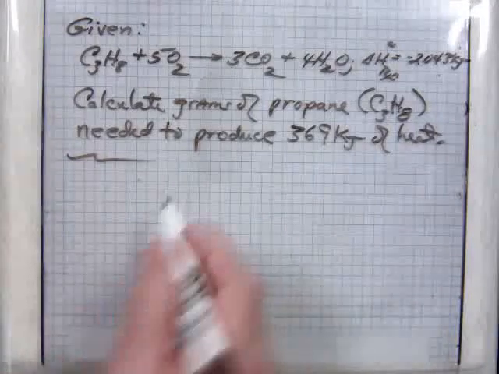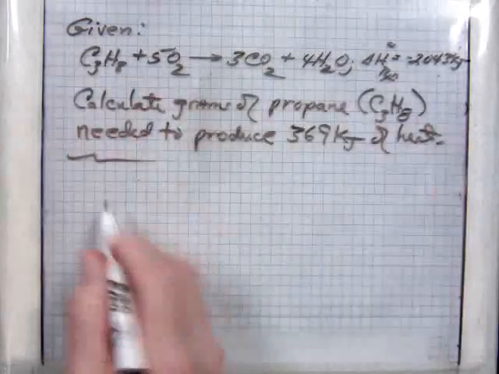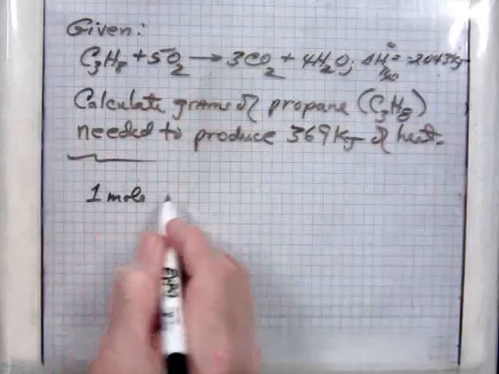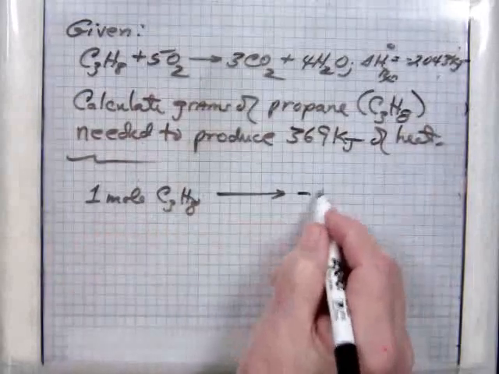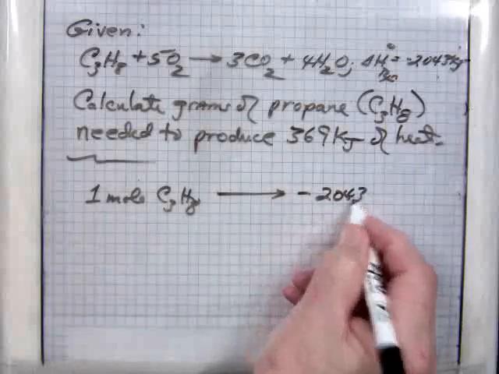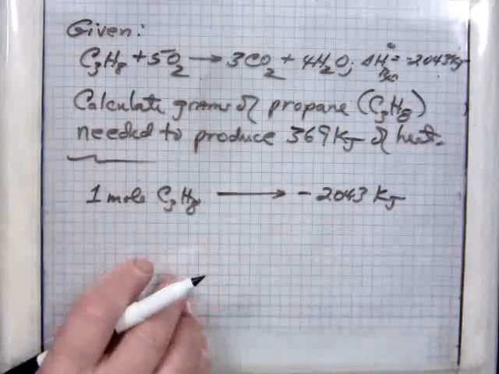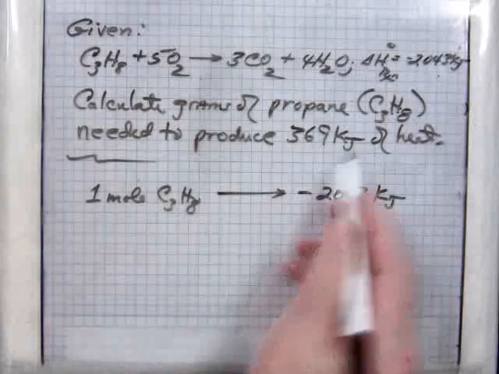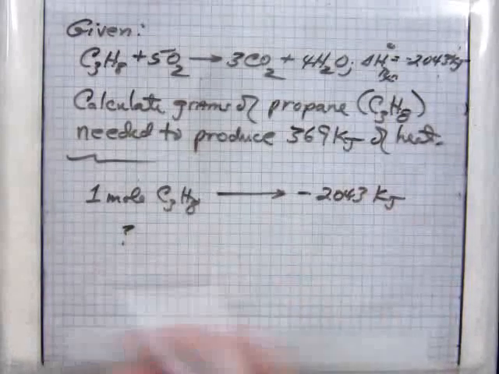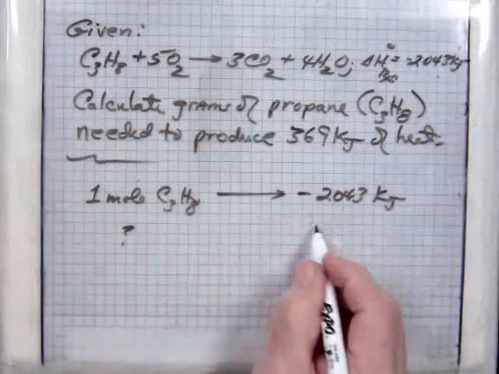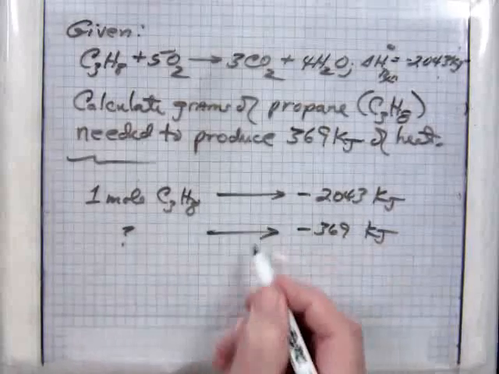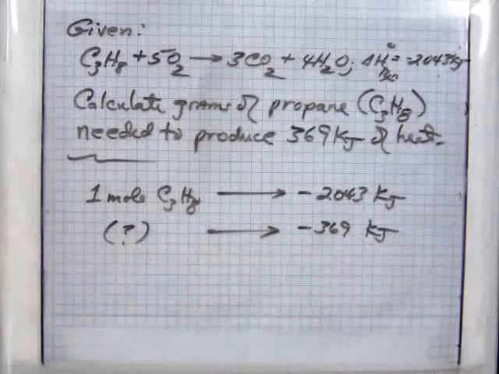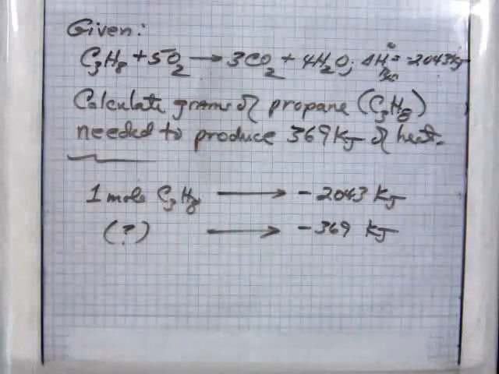Okay, in this we look at the equation. 1 mole of C3H8 will give us exothermic 2043 kilojoules of energy. So the question is, how many grams, this is what they're asking for, will give us 369 kilojoules of energy. Now, the rule is work it in moles and then convert to grams when you finish this.